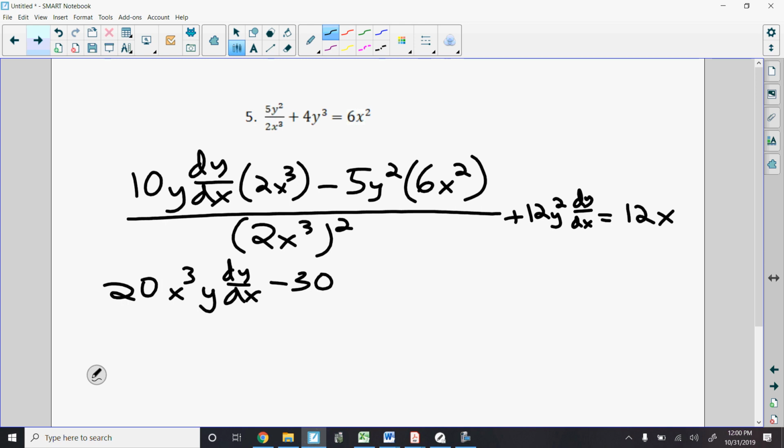And then, again, I'm going to write my x's first, so it's going to be x squared y squared. Over, and I'm going to simplify that bottom. 2x cubed squared means 2x cubed times 2x cubed. That's going to be 4x to the 6th.